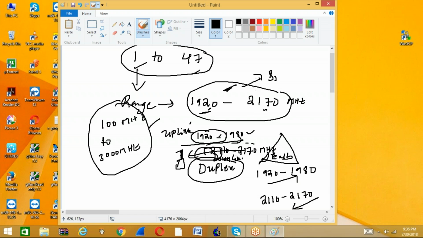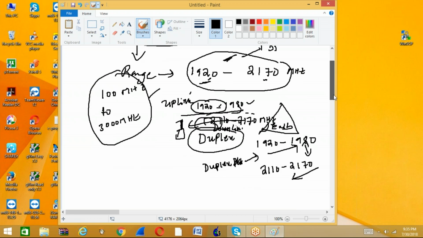So what happened to the middle part? Who ate away the middle part between 1980 and 2110? That middle part is called the duplex distance. It works in this fashion.